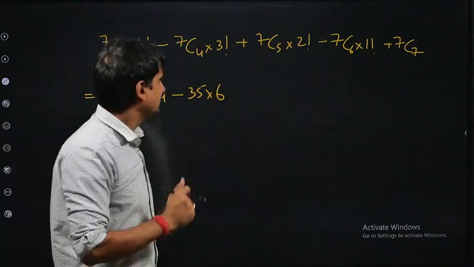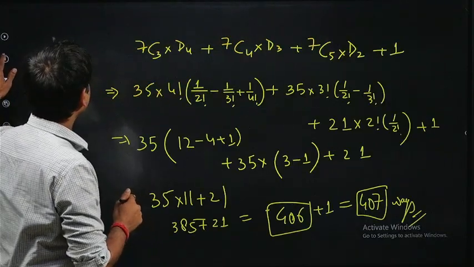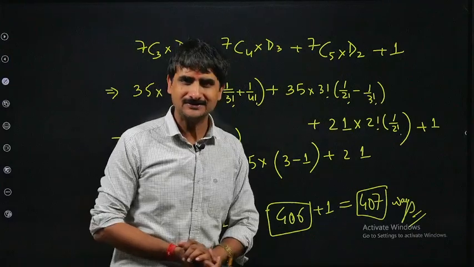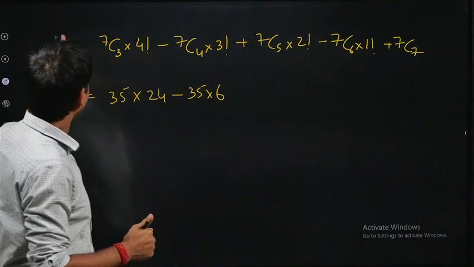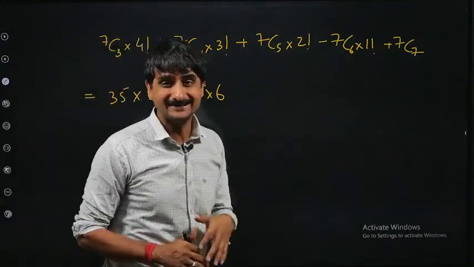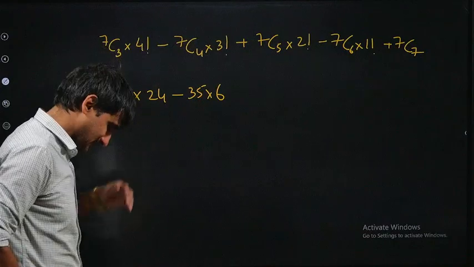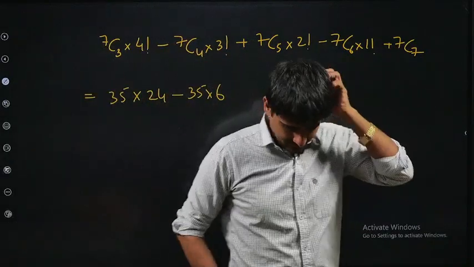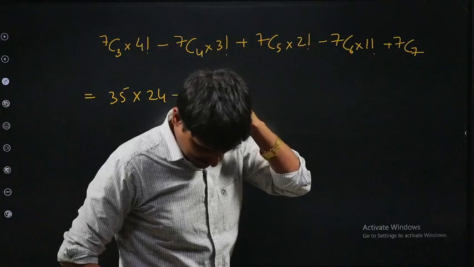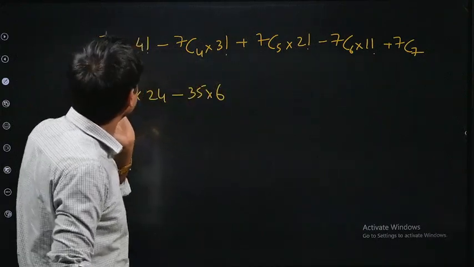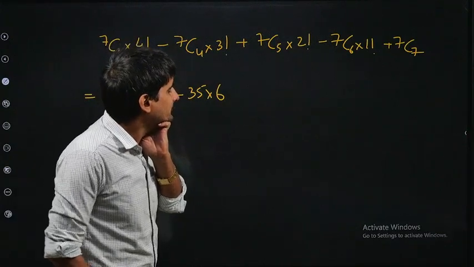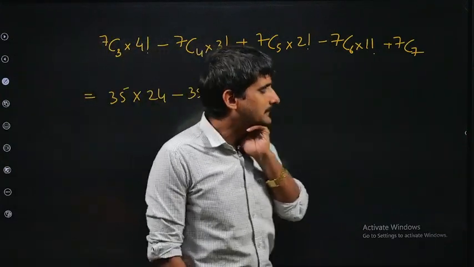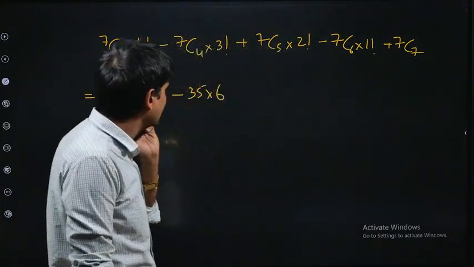I did it in 2 different ways yesterday itself actually. Another interesting thing here, because it's 7c3, 7c4, 4 at their own place and then into 3 factorial.